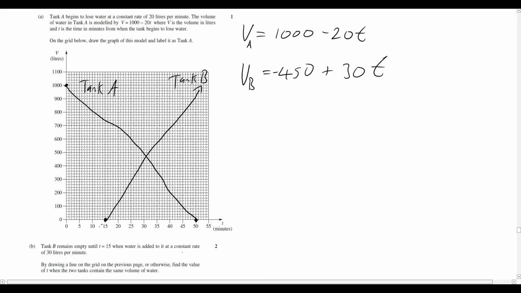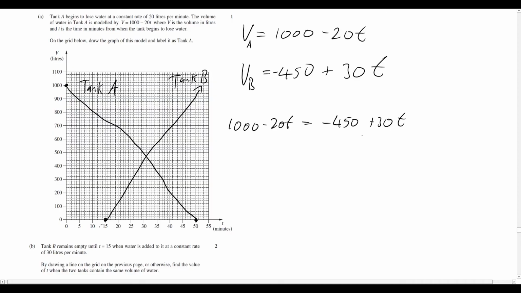Okay, so now we want to find out when they both have the exact same amount of water. So according to my graph, it should be around 31 minutes, but that's looking a little bit dodgy, simply because I did do this by hand. So what I'd recommend we do now is just solve these two as simultaneous equations. So we know that volume A must now equal volume B, so therefore we can say that 1000 minus 20t must be equal to minus 450 plus 30t.